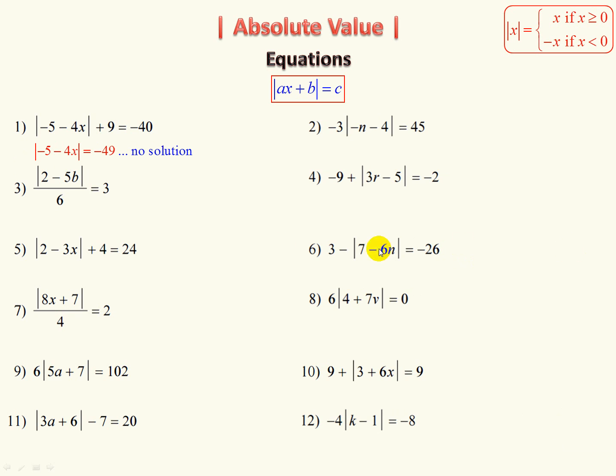No solution right at the start. I hope you picked up that an absolute value equals a negative cannot be done. And the same applies to number 2. You're getting on your toes earlier in this one. Multiply up by the 6, pretty standard after that.